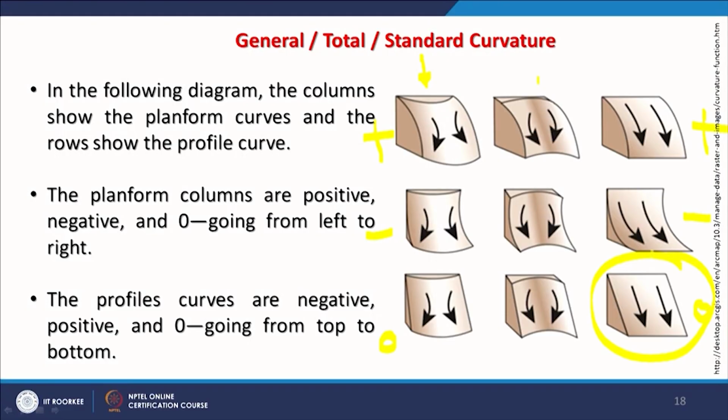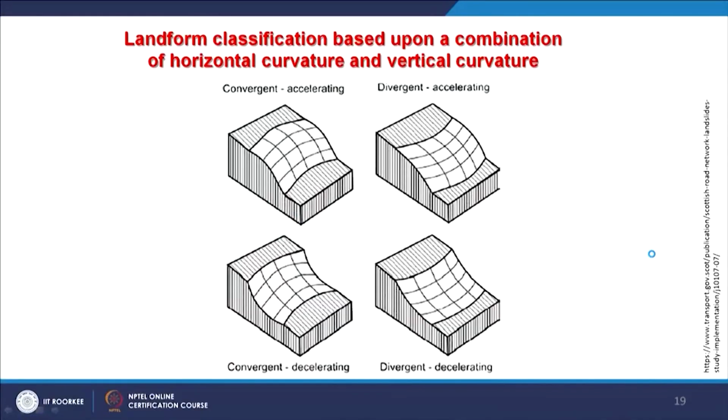Now, we can employ these curvatures, either total, plan or profile curvatures, for landform classification, which is based on a combination of horizontal curvature and vertical curvature. So, convergent will accelerate, divergent also accelerate, example here this one, and in this one this is convergent decelerating because now it is concave, and here divergent decelerating, and though it is diverting, but still it is decelerating.